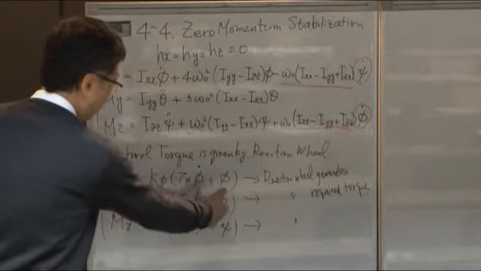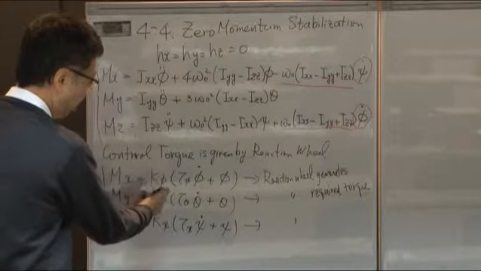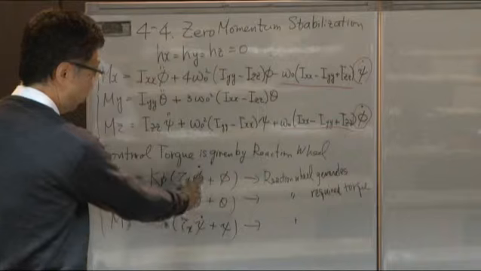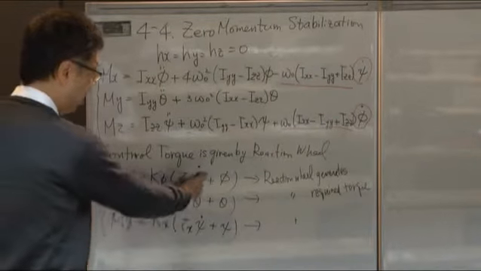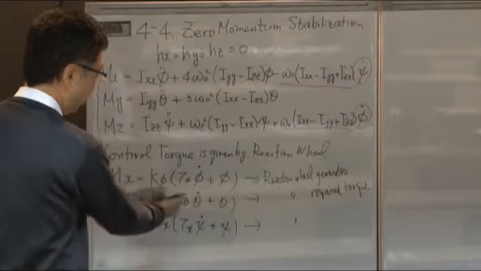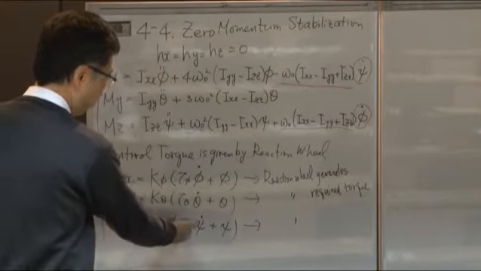Phi, theta, psi are fed back by the gains k phi, k theta, and k psi, and the dot, that is the rotational speed, is also fed back by way of k phi tau phi, k theta tau theta, and k psi tau psi.